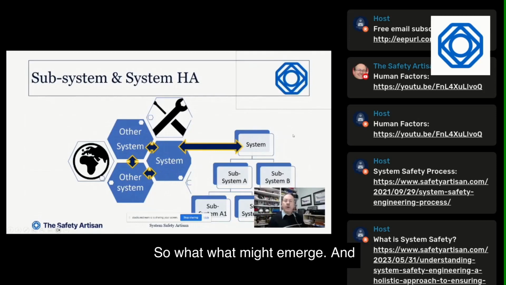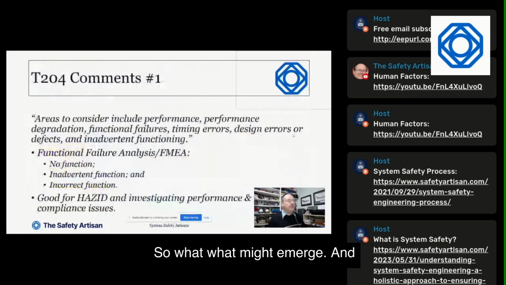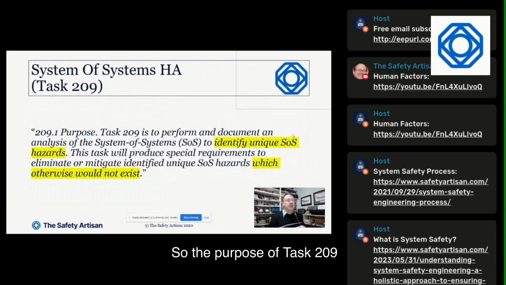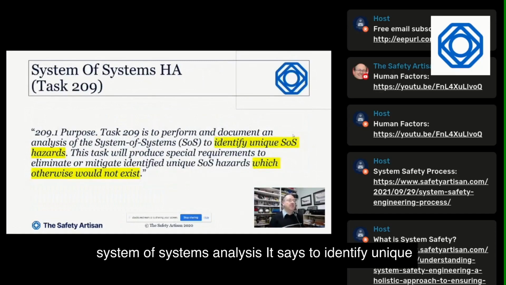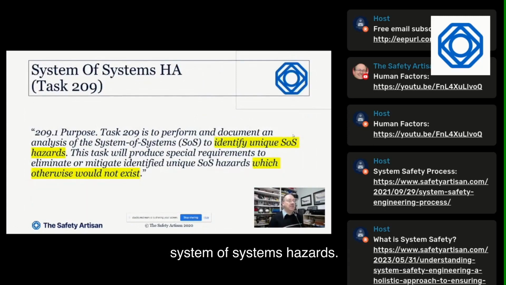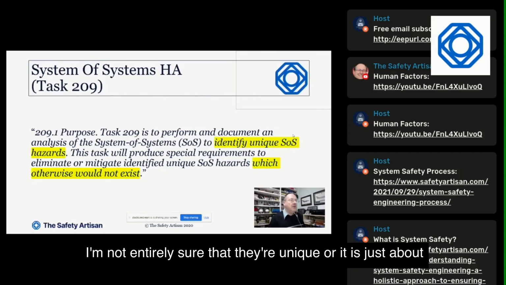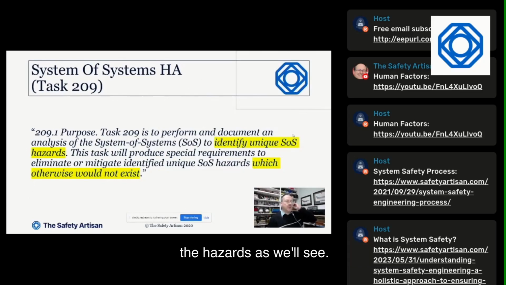So what might emerge? The purpose of task 209 is that we're going to perform and document this system of systems analysis. It says to identify unique system of systems hazards. I'm not entirely sure that they're unique or that it is just about the hazards, as we'll see. But nevertheless, we're going to consider things at that level.